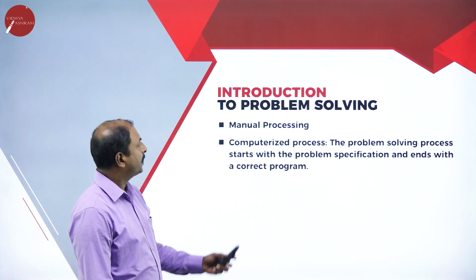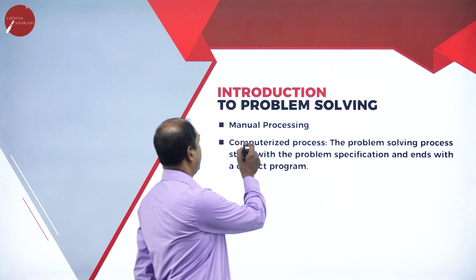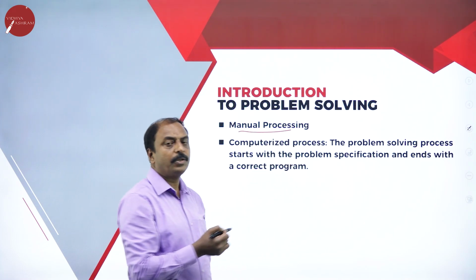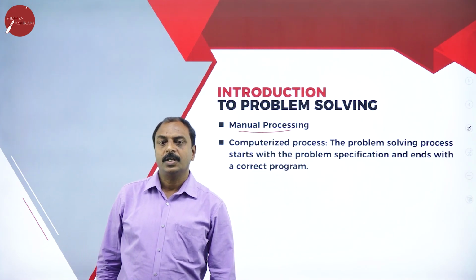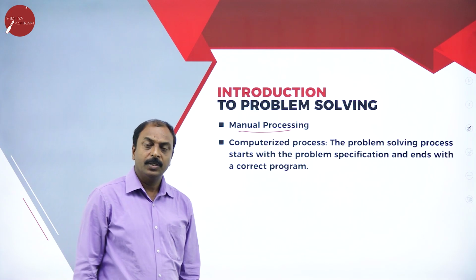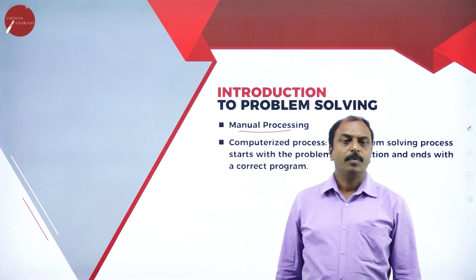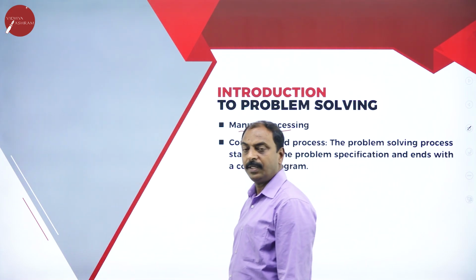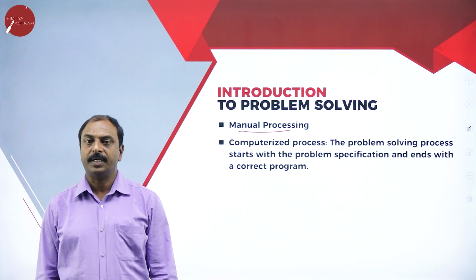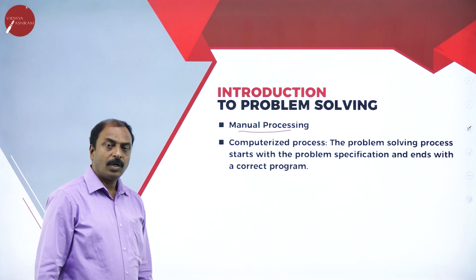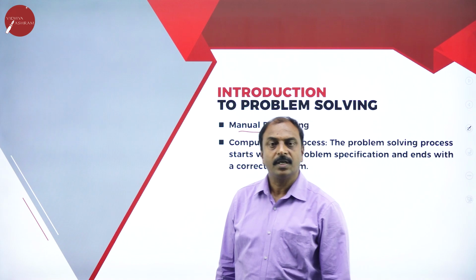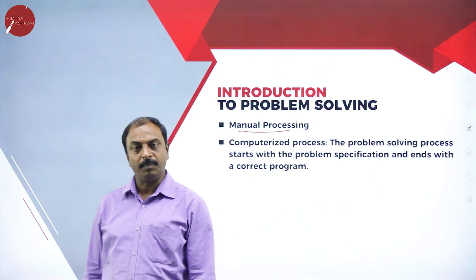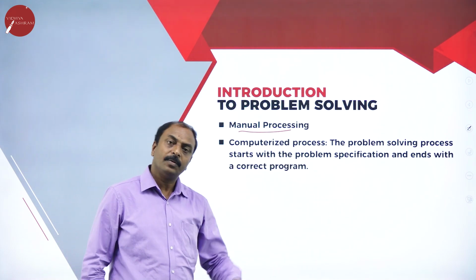Now let us see, the first one is manual processing. This is manual data processing, or solving a problem manually. What is the meaning of that? Before the era of computers, before we used computers in our day-to-day life, all different types of work were carried out by human beings, that is manual data processing.